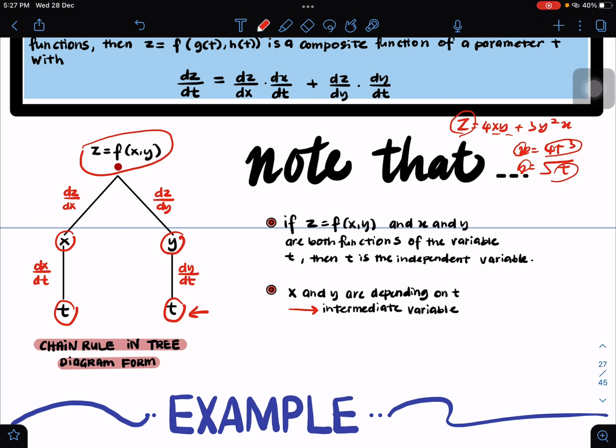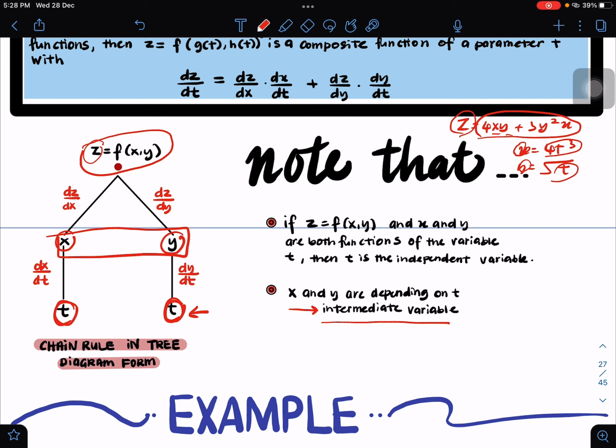This t is called the independent variable, whereas the x and y here are called intermediate variables. Whenever we want to find the derivative of z, we are not finding the derivative of z in terms of x and y, but the derivative of z in terms of its independent variable, which is t. So we want to find dz/dt. But we cannot directly get dz/dt from the equation because z is in terms of x and y.